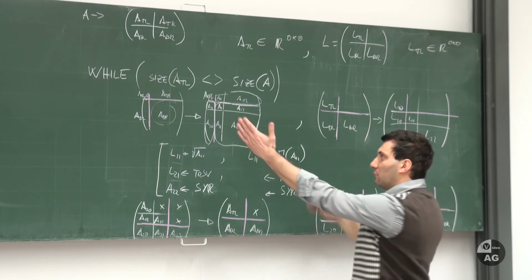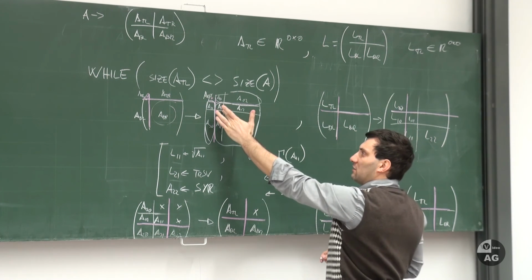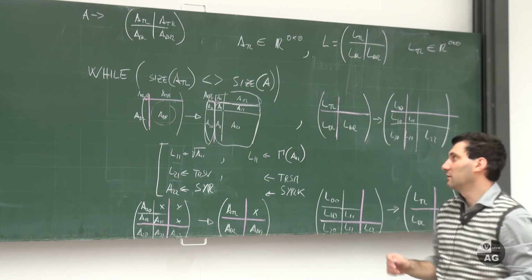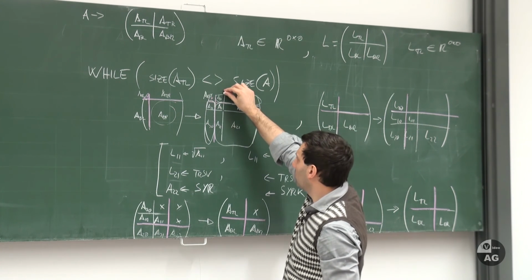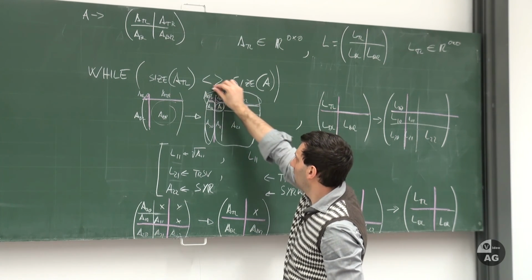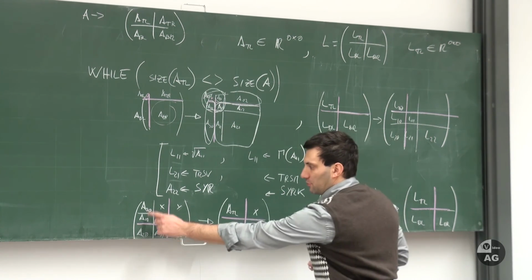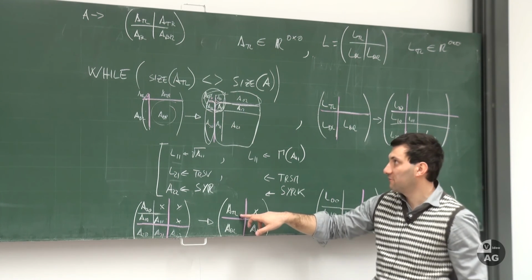At this point, we want to move these bars. We want A11 and A21 to go to the past, to the history. And how do we do that? Over here, we group these four guys and we push them into A top left.